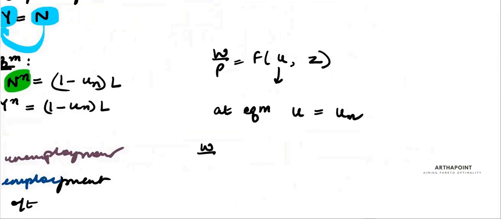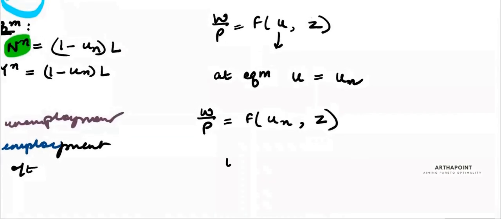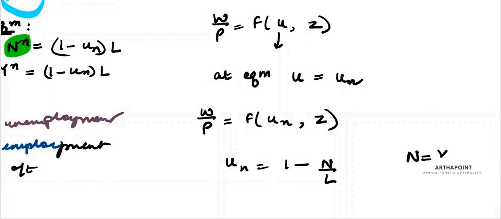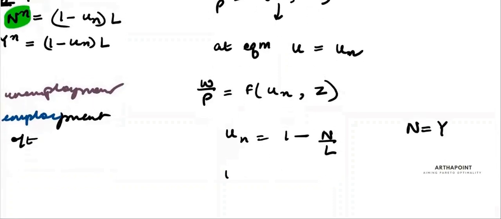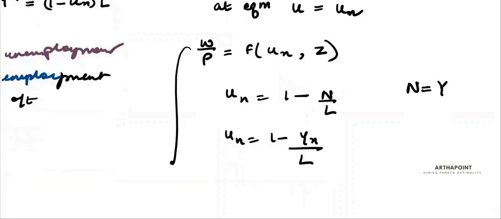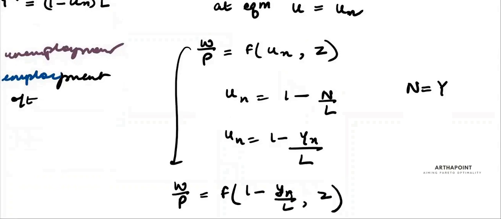So I can say that at equilibrium, W by P is a function of UN and Z. And unemployment is nothing but 1 minus employment, and employment is nothing but equal to output. So UN is nothing but 1 minus YN by L. So I can also write that W by P is a function of (1 - YN/L), comma Z.